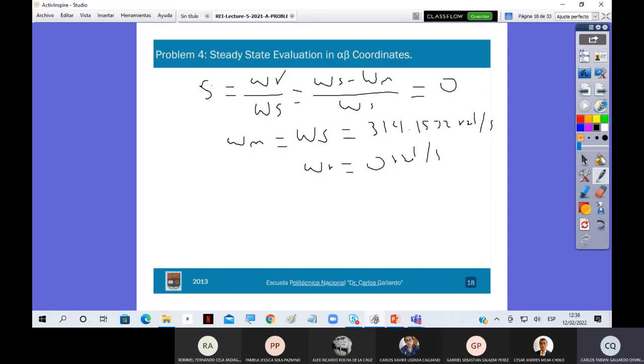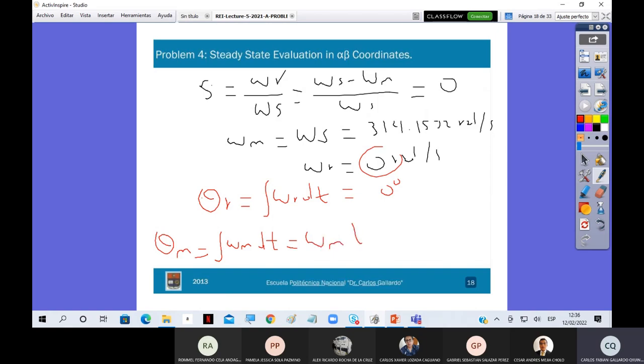Once all the angular speed values were determined, the corresponding angles are computed as follows. For instance, let's compute the rotor angle. Integrating the rotor speed, but in this case it is 0. And for the mechanical angle, I will have the integral of the mechanical speed differential of t. Integrating, I will have the speed times the time.